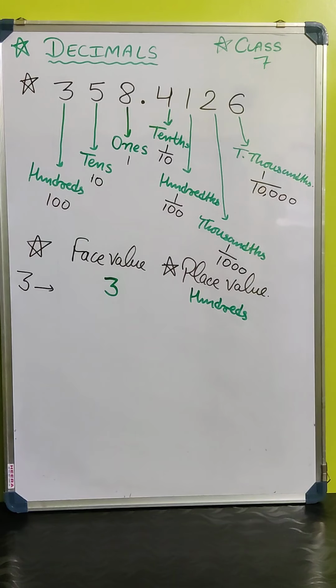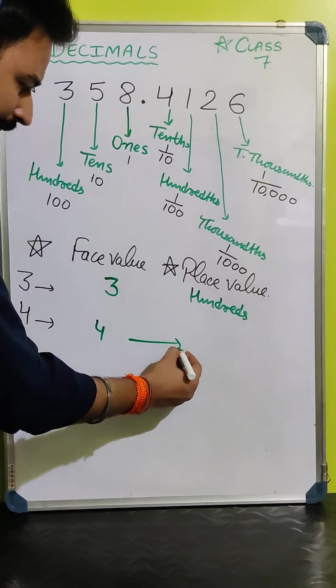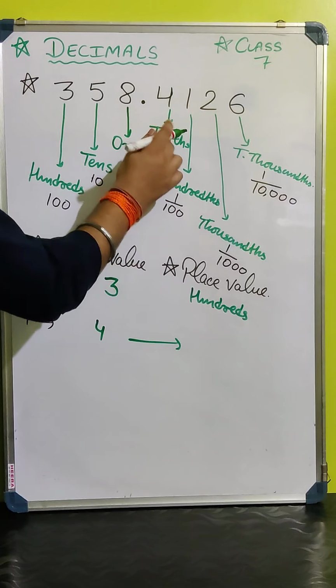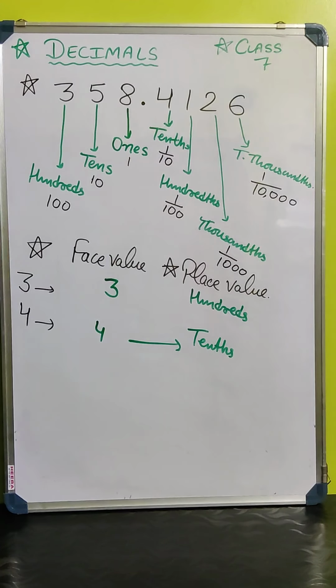Now if I write here 4, what will be the face value and place value? The face value will be 4 only. And the place value: 4 is coming on the tenth place, so you will write tenth place.